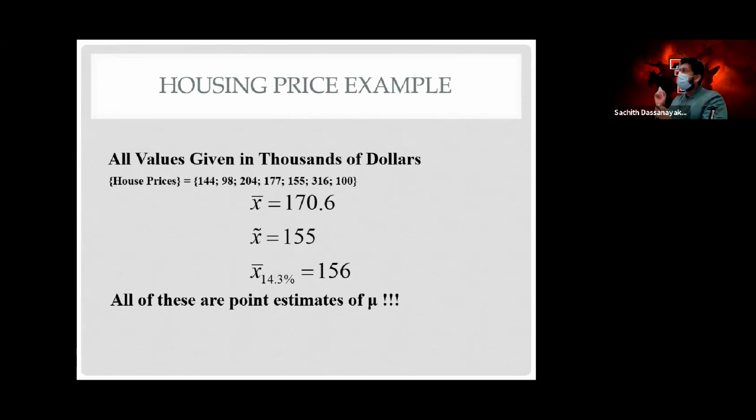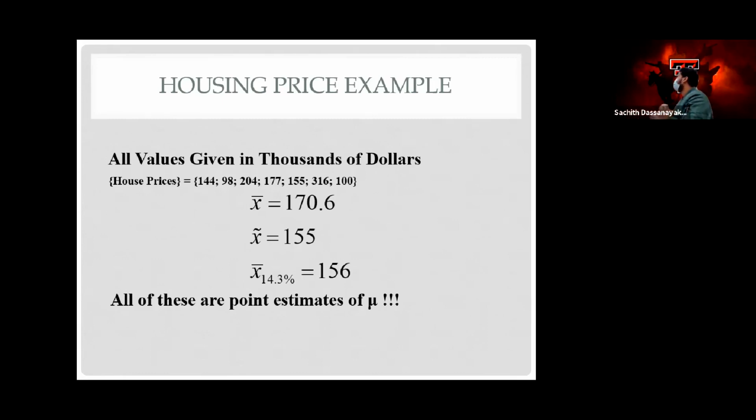Okay, you can see here these values are different. But the problem is, if we have a point estimator of a parameter theta, here it's mu, there should be one value, not 3 or 4 values like this. So our goal is to pick the better choice.